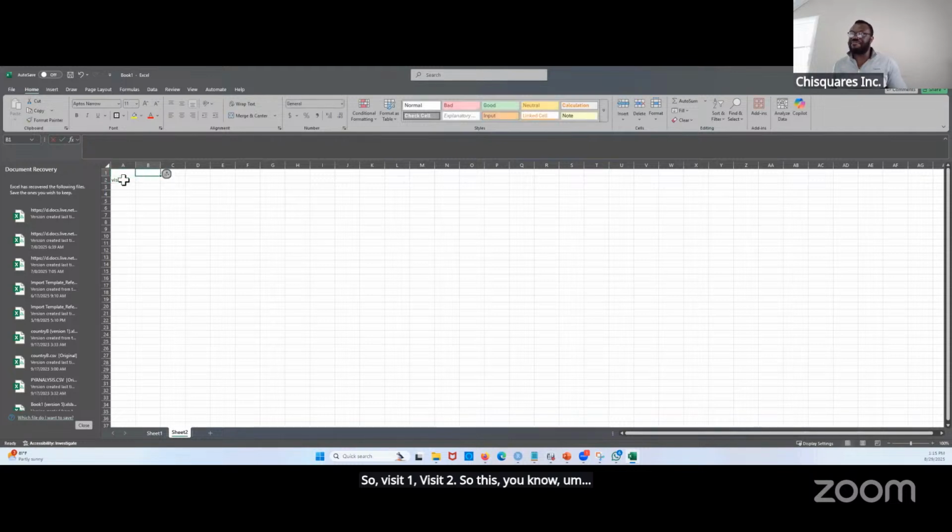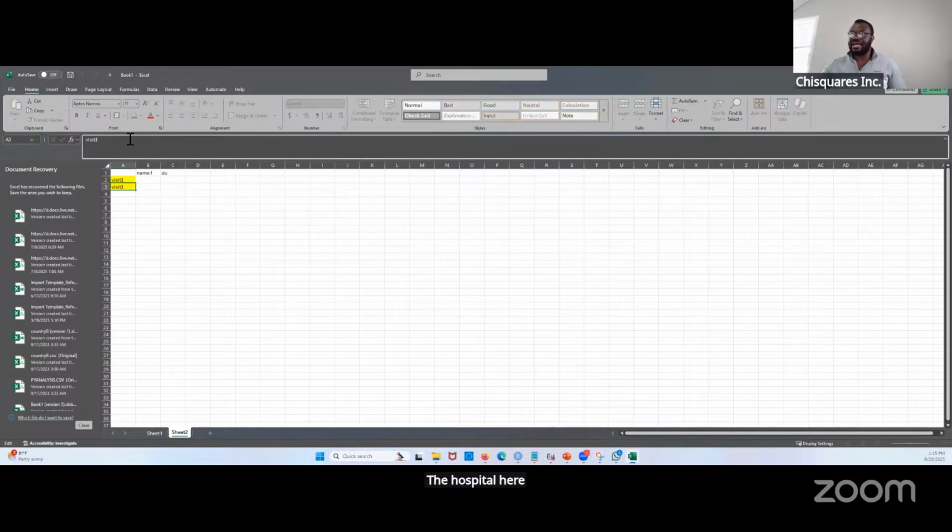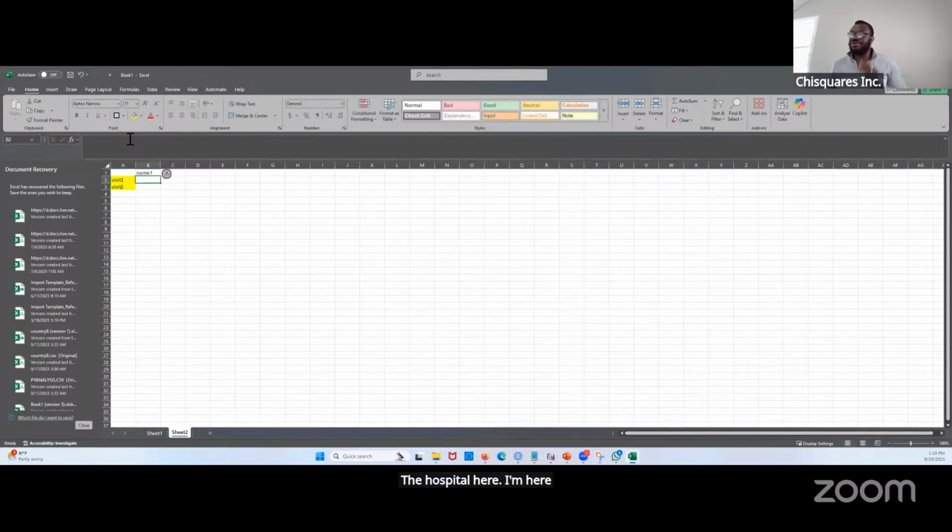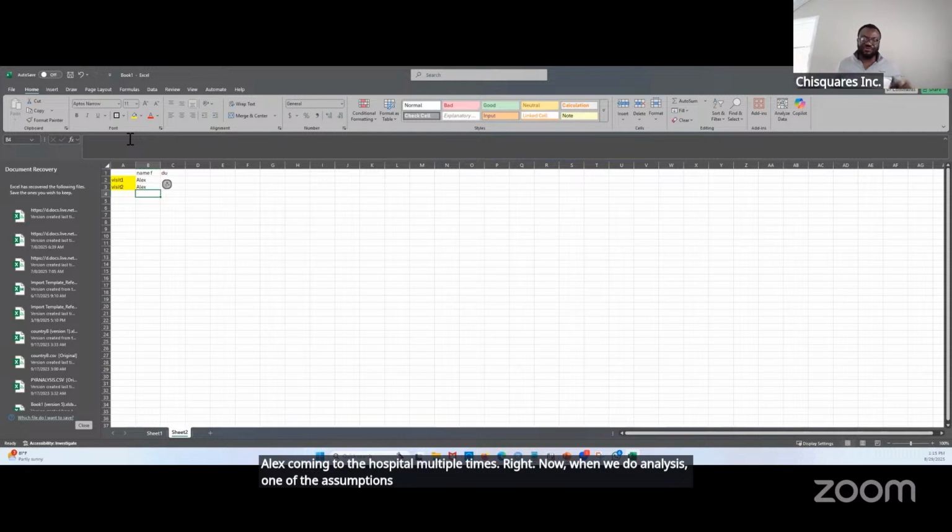I may have variables for the individual, the diagnosis, and all of that, right? But now you've raised an important point: guy number 1, let's call him Alex, visited the hospital here and here. So we have Alex coming to the hospital multiple times, right? Now, when we do analysis, one of the assumptions in many analyses that we do is the assumption of independence.